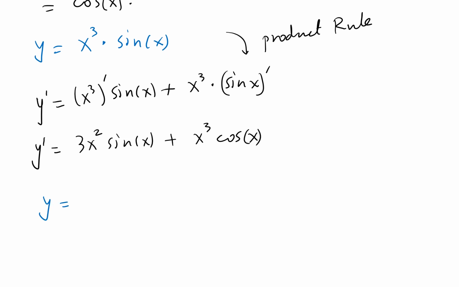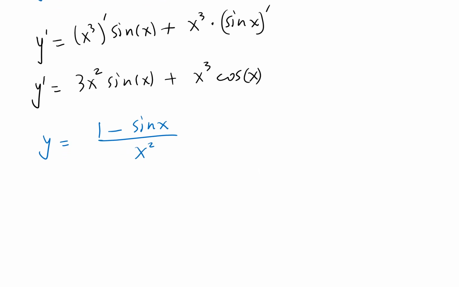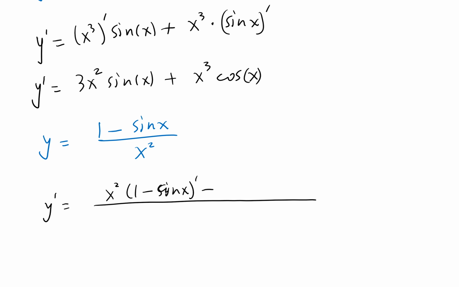Another example, say y equals 1 minus sine x all over x squared. When we say all over or divided by, this means we can use the quotient rule. So y prime would be the bottom one times the derivative of the top, minus the derivative of the bottom times the top, all over the denominator squared.